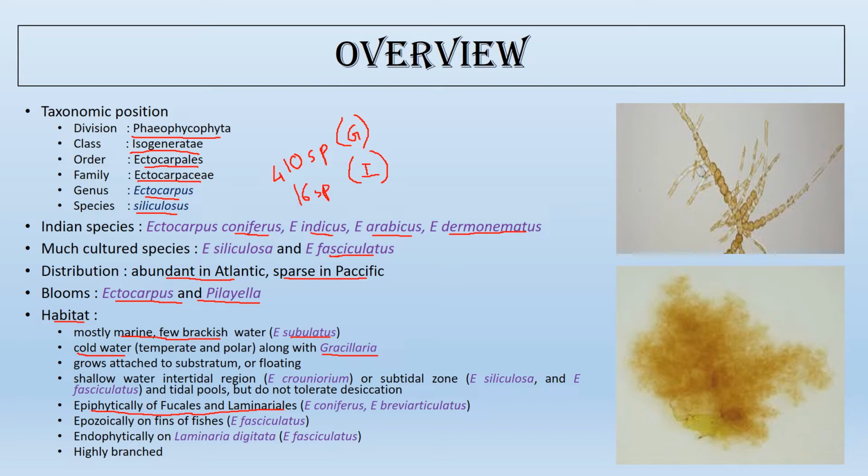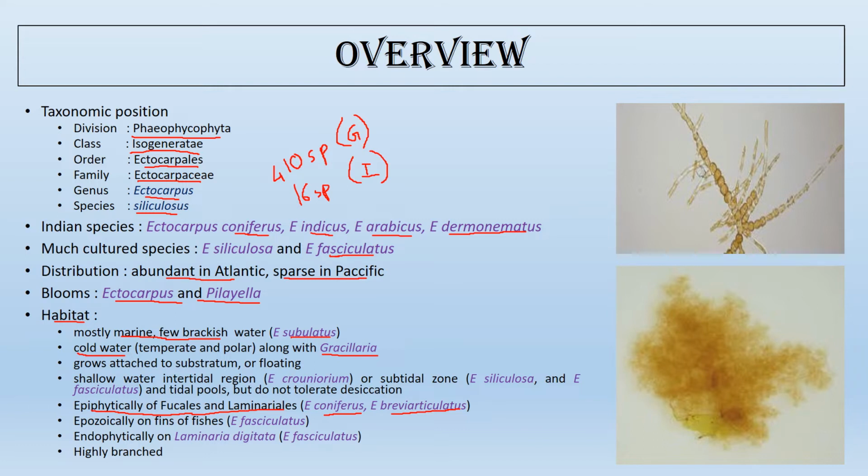In fact, Ectocarpus siliculosus and Ectocarpus breviarticulatus have an enzyme called dehalogenase that is used to neutralize the halogenated compounds that both Fucus and Laminaria produce to deter other algae from growing epiphytically on them.